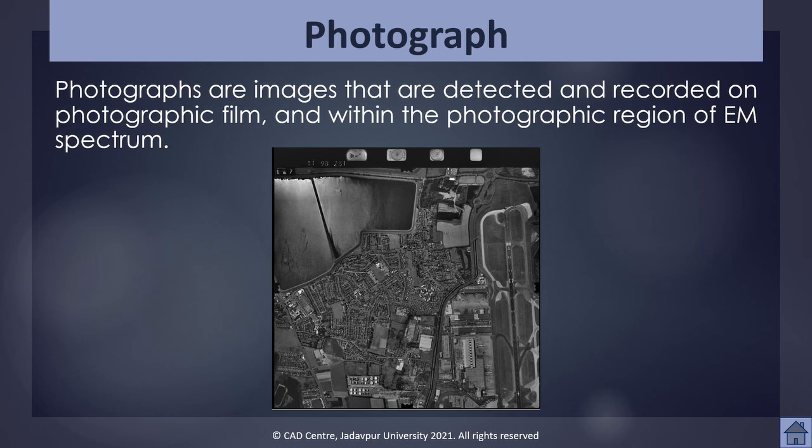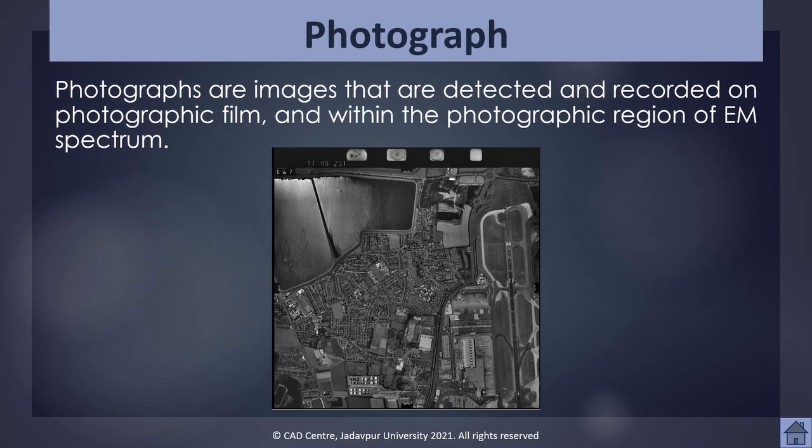For example, the image shown in this slide is a black and white photo taken on photographic film in the visible part of the spectrum. Photos are normally recorded over the wavelength range from 0.3 micrometer to 0.9 micrometer. This region is also known as the photographic region.